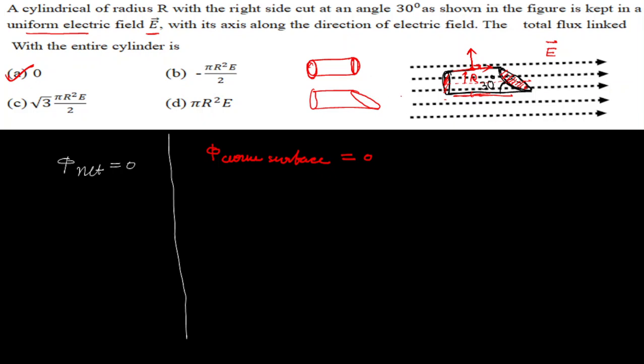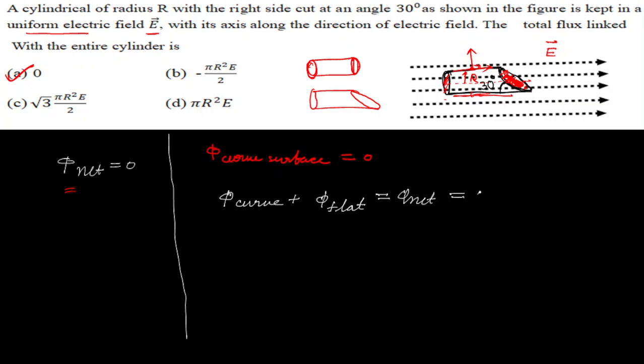Now if we want to calculate the flux through the flat surfaces, we have already noticed that the net flux will be zero and the flux through the curved surface is also zero. The flux through the curved surface plus the flux through the flat surface will be the net flux.